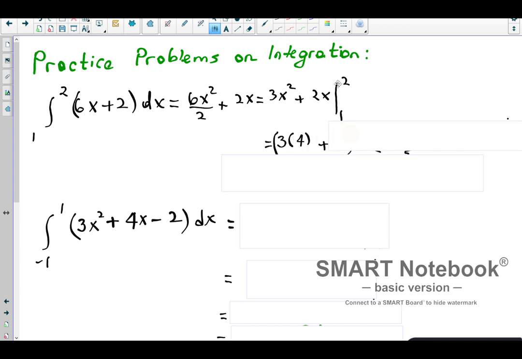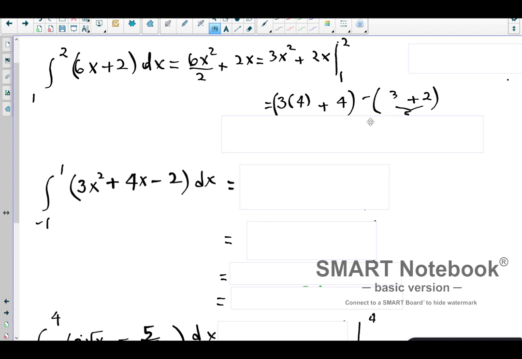So you have 3 times 2 squared, or 3 times 4, plus 4, minus, open another parenthesis, plug in 1 for x. You're going to have 3 times 1, or 3, plus 2 times 1, or 2. So in parentheses, I would put 3 plus 2. You can then simplify that as 5, and the initial quantity was 3 times 4 plus 4, or 16. So the final answer is 16 minus 5, or 11.